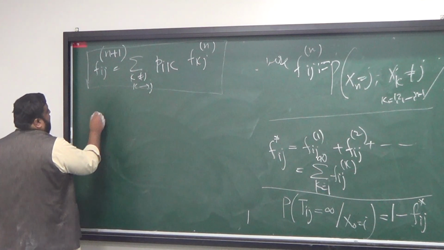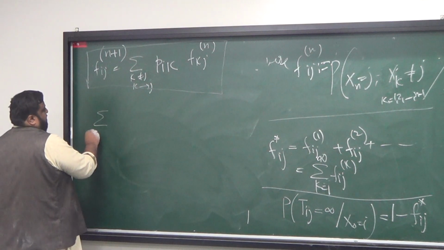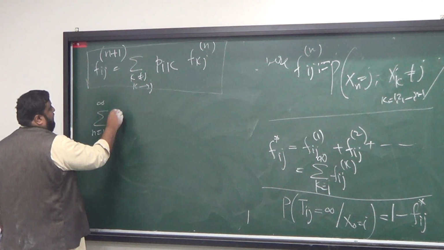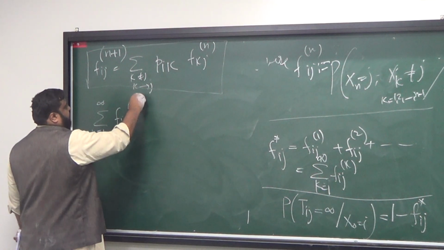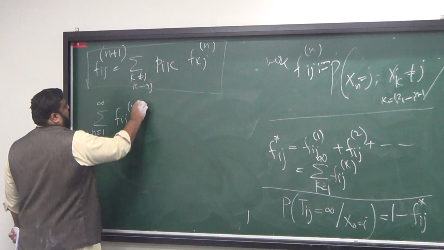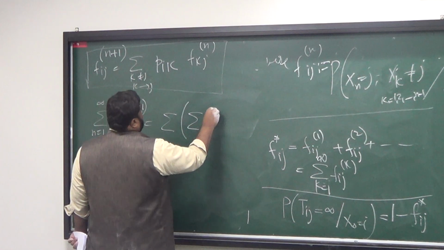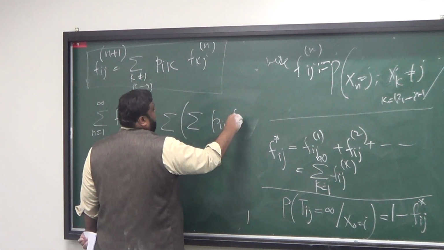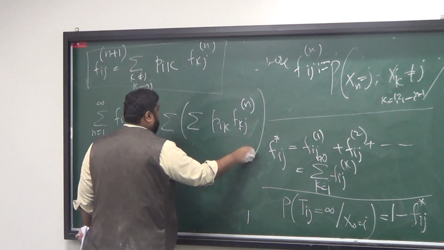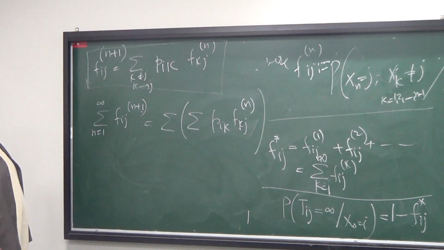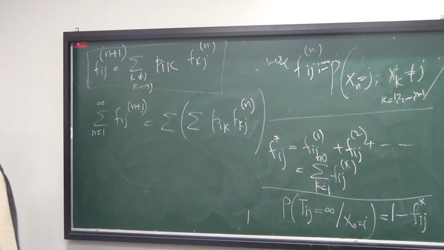So if I take the sum over n on both sides, take n equal to, for example, 1 to n, over both sides, I'm going to get a double sum, Pik and f kj n. What will this side become?